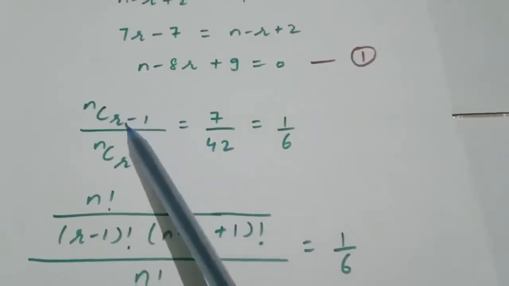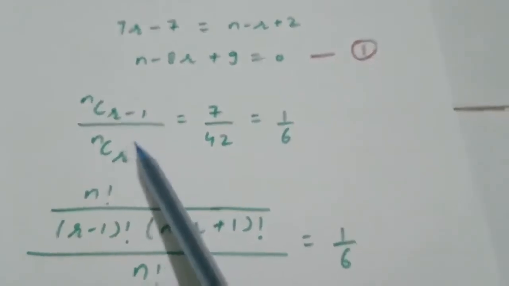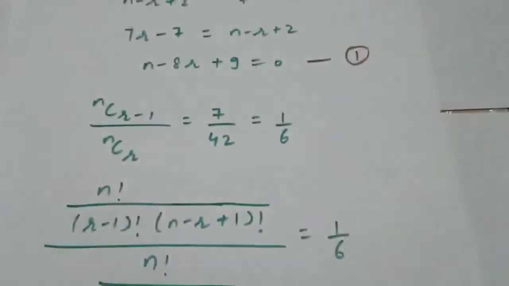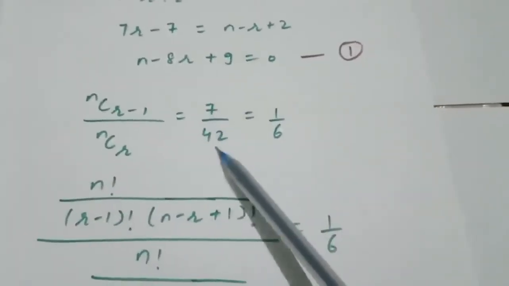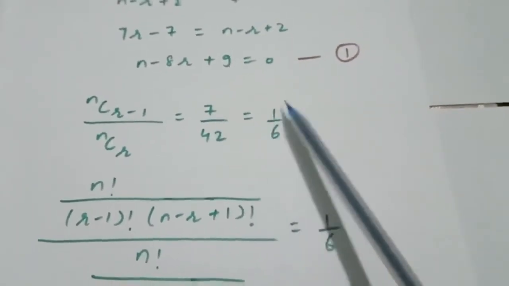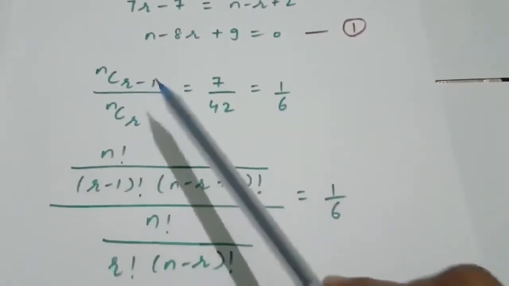So nCr-1 upon nCr is equal to 7/42. This is given according to the question. Solve this, you will get 1/6, right?